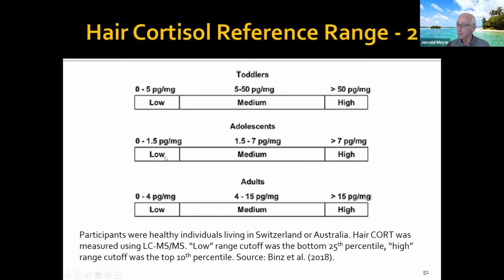But they did. And then the middle is the bulk of individuals. And then the high is the top 10th percentile. But you see the difference. You see what I said before. Toddlers higher than adults on average, adolescents less. And this shows up in the reference ranges.